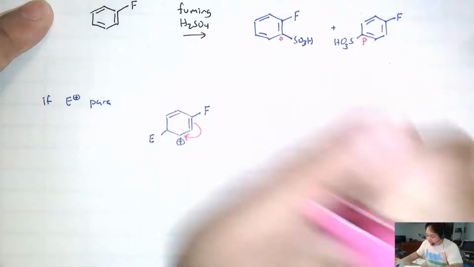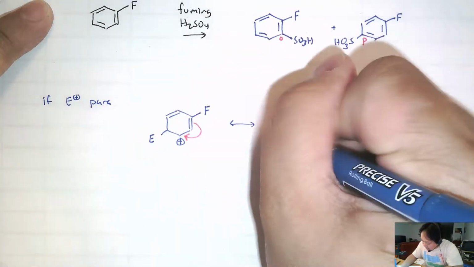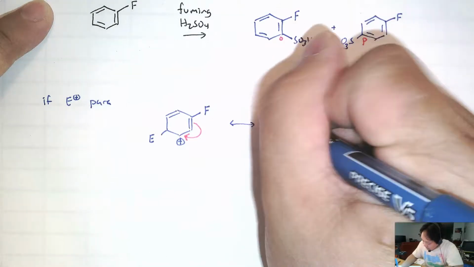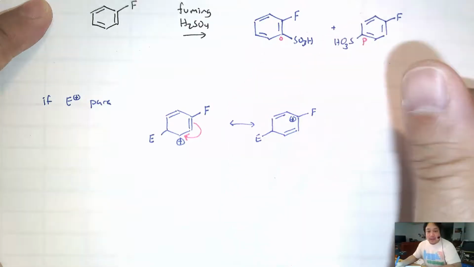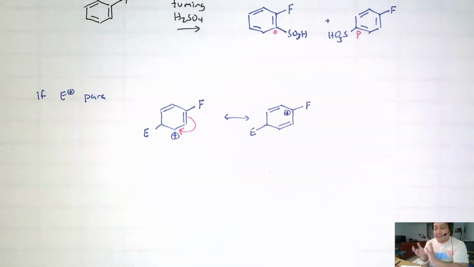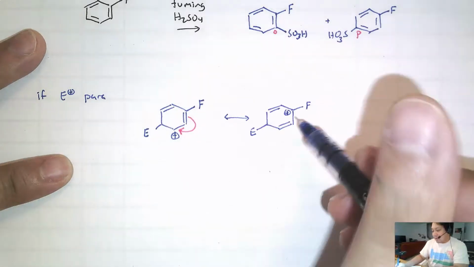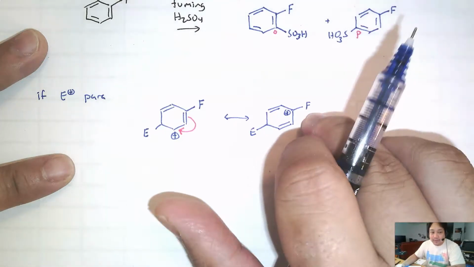So here's one resonance. So the second one looks like this. You know what's going to happen now? We have a plus charge across the fluorine. That's why it's ugly, because it's deactivating due to the fact that we're pulling more electron density away from the ring due to the electronegativity of the fluorine.